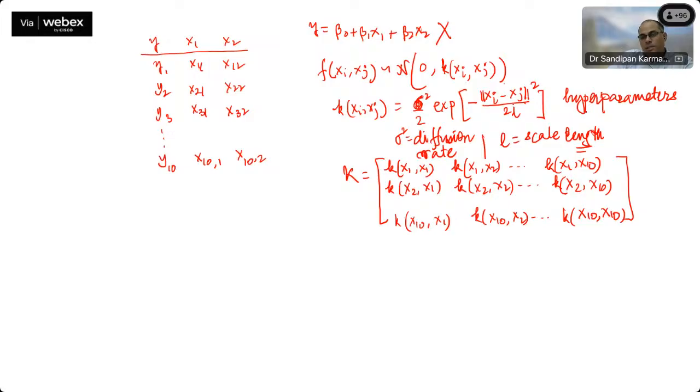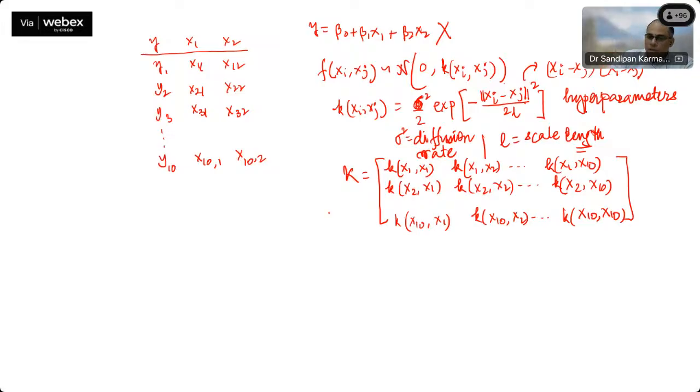This will be nothing but (xi minus xj) transpose multiplied by (xi minus xj). So this is nothing but the inner product. And in the very first class, I was telling that inner product always tells you the distance between two vectors.